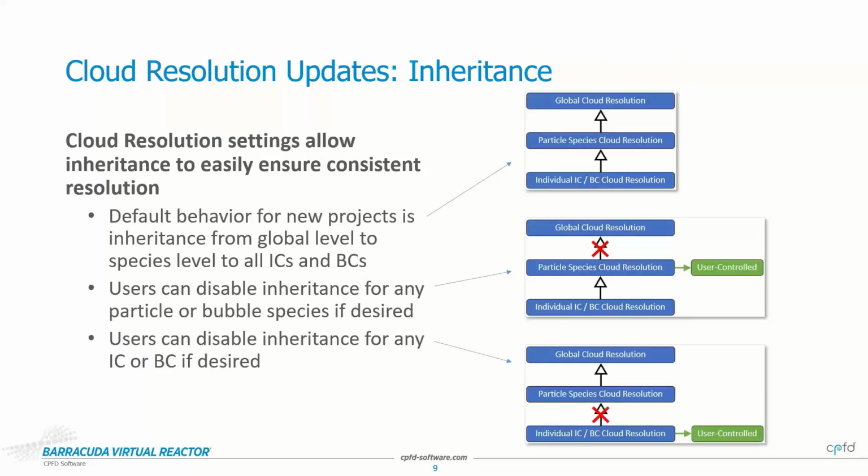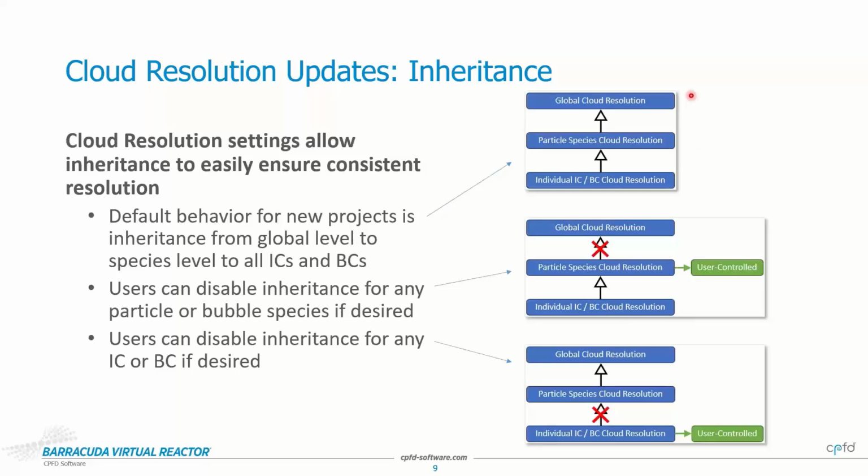As I mentioned a couple slides back, we do have a new inheritance capability that's been added in this release of Virtual Reactor. This inheritance scheme allows you to easily ensure that cloud resolution is consistent at all ICs and BCs. The default behavior, which I expect should work well in many cases, is for all particle and bubble species to inherit cloud resolution from the global cloud resolution definition.